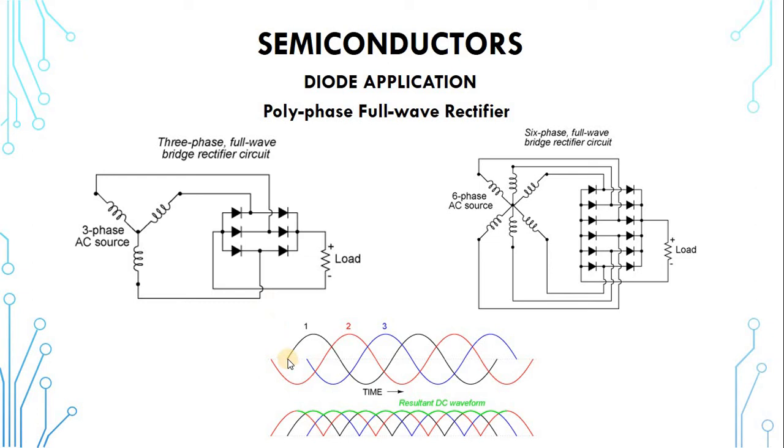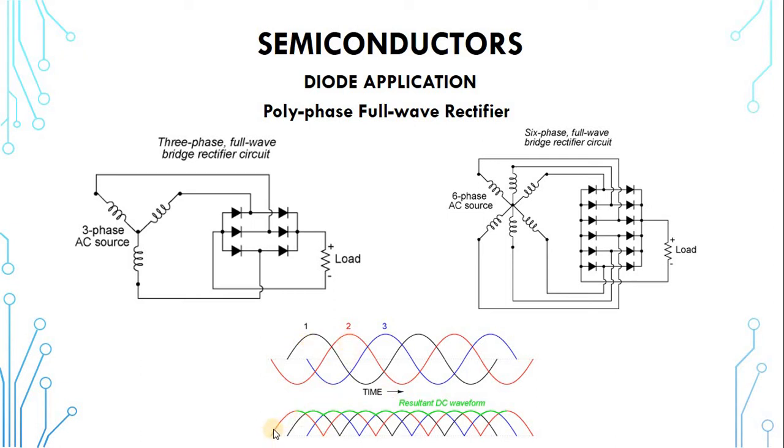When this rises high, it charges the capacitor, and as it's dropping, the capacitor begins to discharge, and then phase 2 takes over and charges it again. As phase 2 is going down, the capacitor begins to discharge, and then phase 3 takes over and charges it again, and as phase 3 is dropping, the capacitor begins to discharge, and then phase 1 begins and it continues. So at the end of the day, once you introduce a capacitor, it produces a much smoother output waveform.